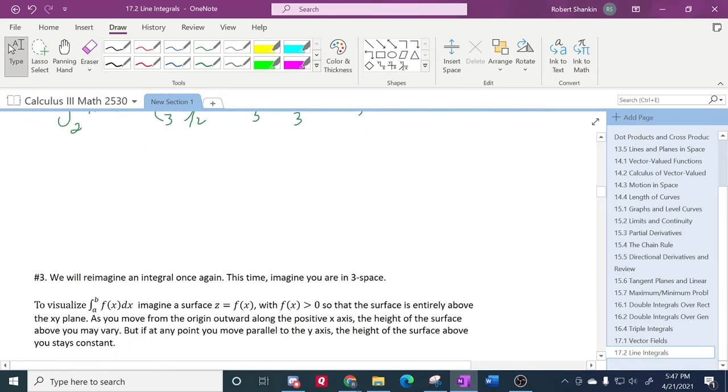All right, let's go on here. We will reimagine an integral once more. It's a basic integral, but we're going to think of it in a very different way. This time imagine you are in 3-space. To visualize the integral from a to b of f of x dx, imagine the surface z equals f of x, with f of x greater than 0, so the surface is entirely above the xy plane.